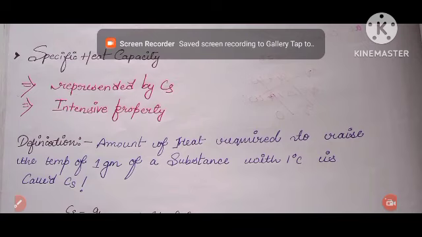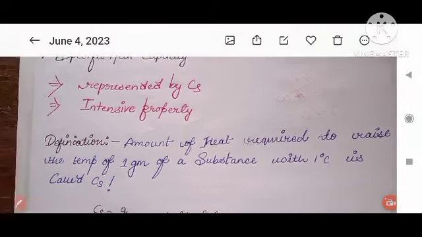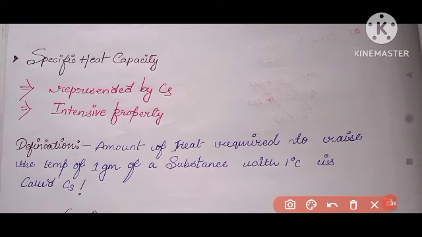So our next topic is specific heat capacity. It is also the same but with a slight difference, here specific has come in. So what is it? Specific heat capacity is the amount of heat required to raise the temperature of 1 gram of a substance by 1 degree Celsius.